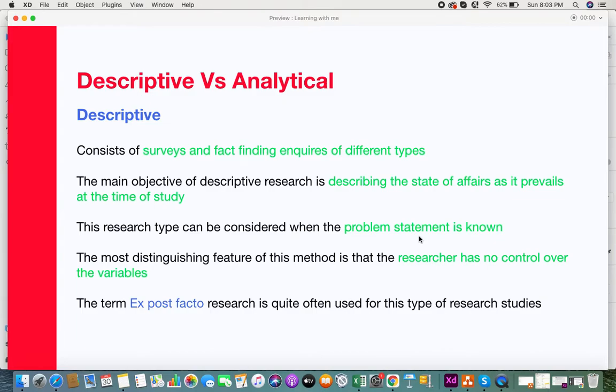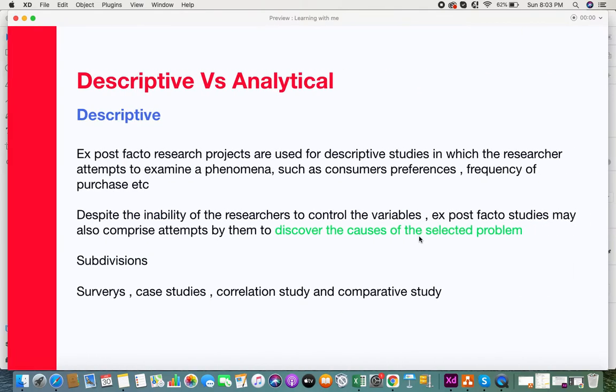At this point of time, the term ex post facto research is quite often used for this type of research study. So, what is this ex post facto research?